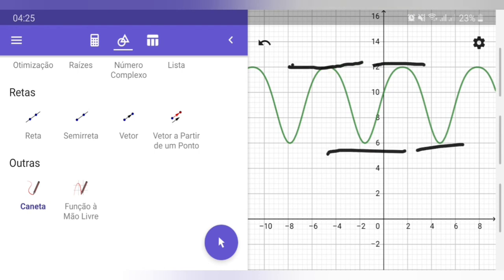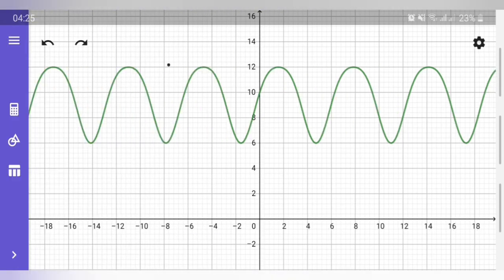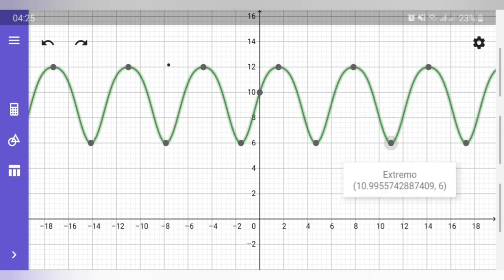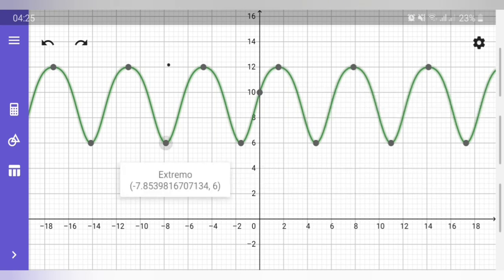So it is in these values. Now you see that you have lots of points of minimum and maximum, and they repeat. What do I mean by this? Over here, look, you see that all of the maximums are at 12, and the minimums are at 6, just like I said.